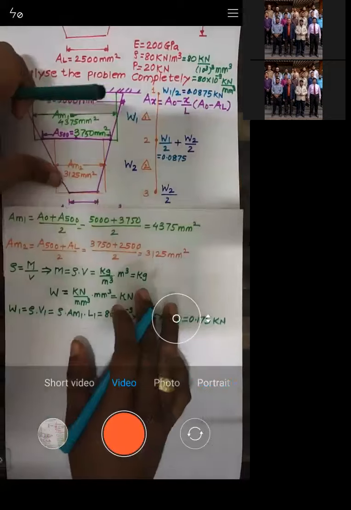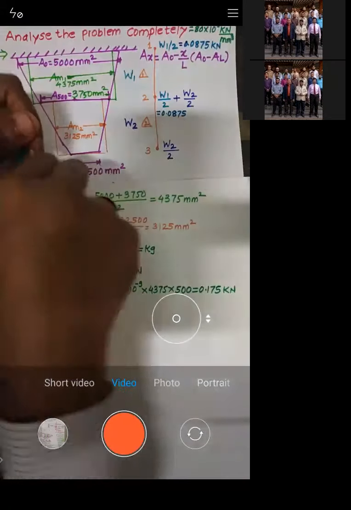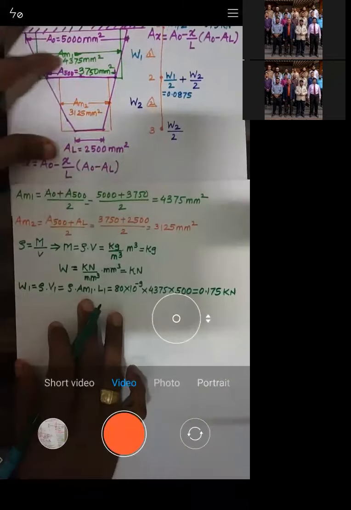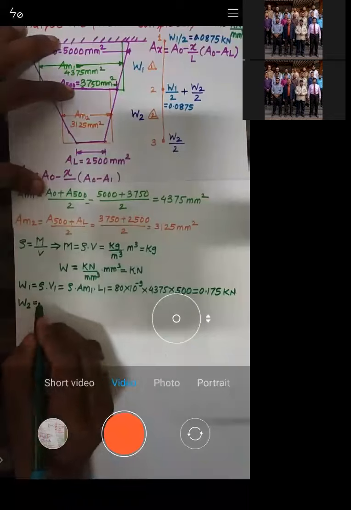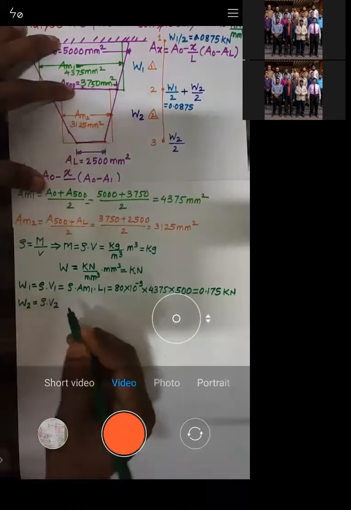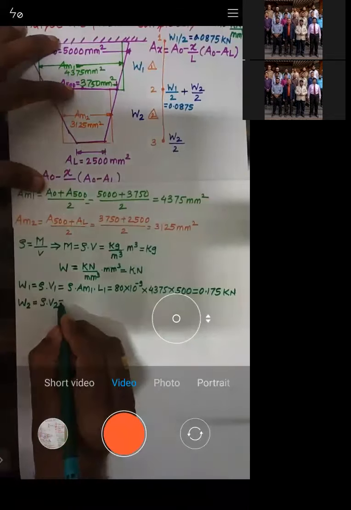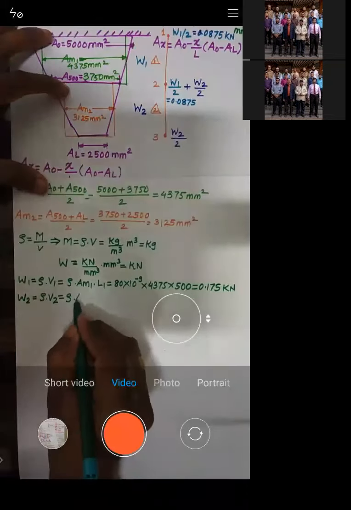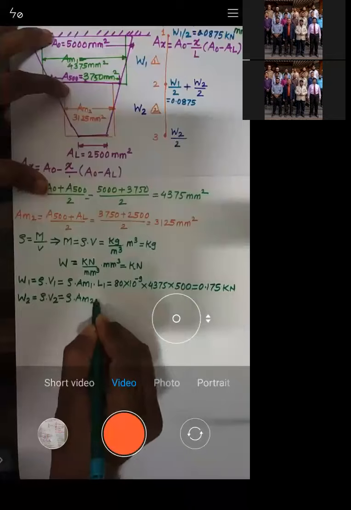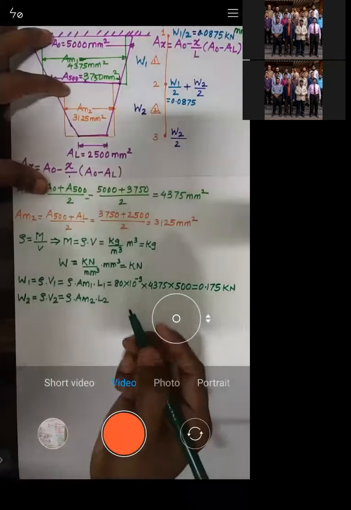So now let's do it for weight of element number 2. How to do that? Again, density into volume of element number 2, right? So density, it is the same for both the elements, and its volume, its mean area into its length.